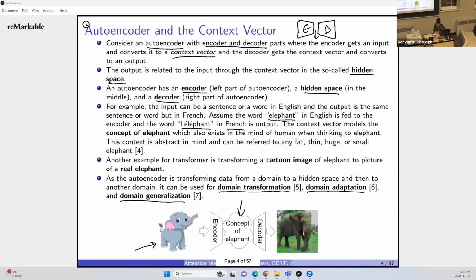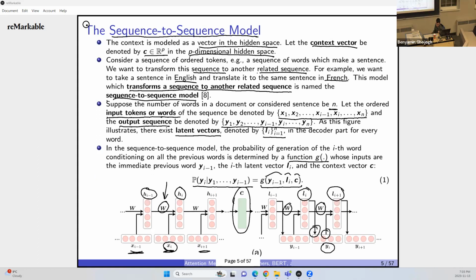And we said, consider an autoencoder where we have an encoder, a decoder, and in the middle of the autoencoder, we have a hidden space or latent space, where the concept of that thing will be. We said that this autoencoder can be used, for example, for domain transformation, such as transforming a cartoon elephant to a real world elephant, right? And then we said that the embedding vector in the latent space, let's call it the context vector, assume it is p-dimensional.